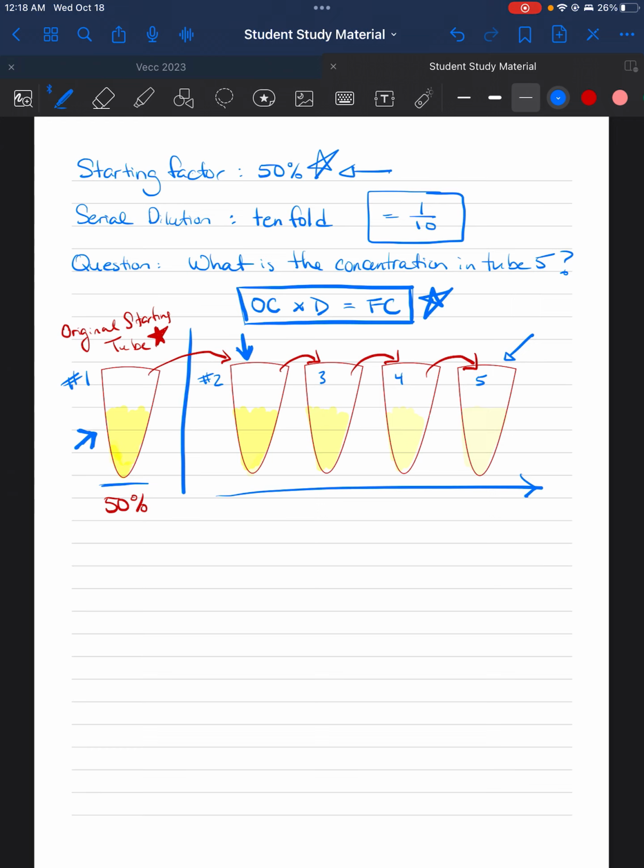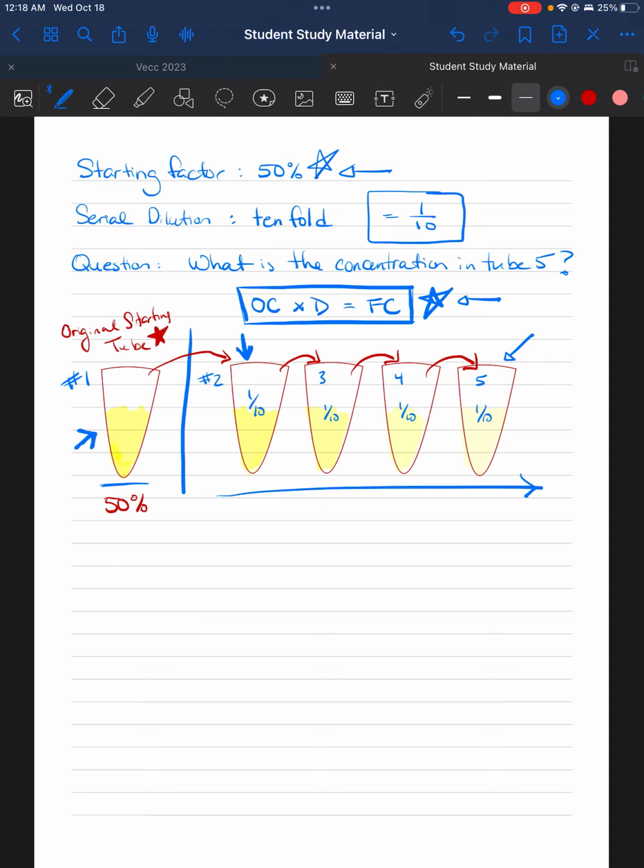So let's figure out what that means in math terms. If we remember, our original concentration times dilution gives us our new final concentration. We said we're going to do a 1 in 10, so we've got a 1 in 10 right here, and another 1 in 10 right here, and another right here, and a 1 in 10 right here.